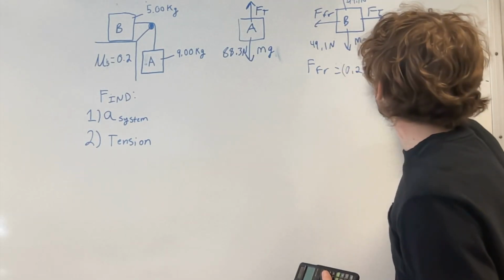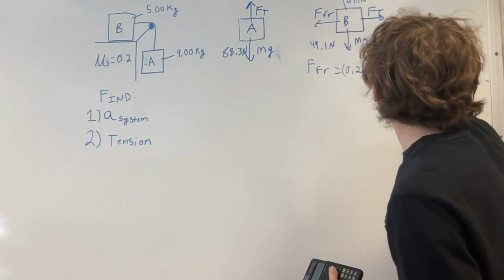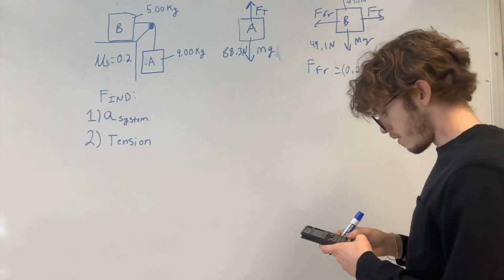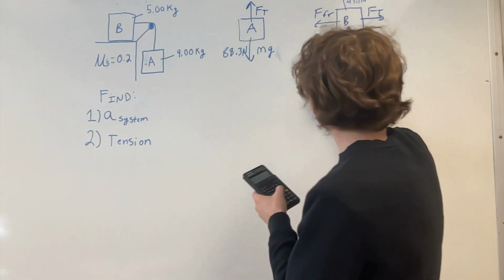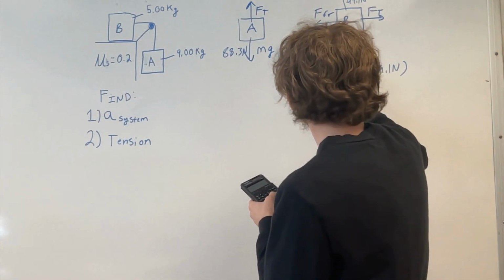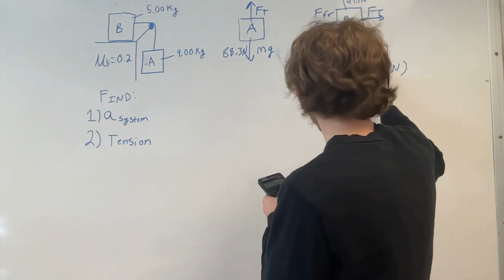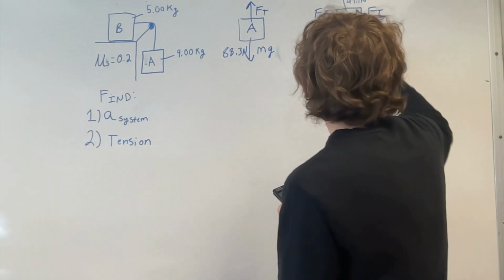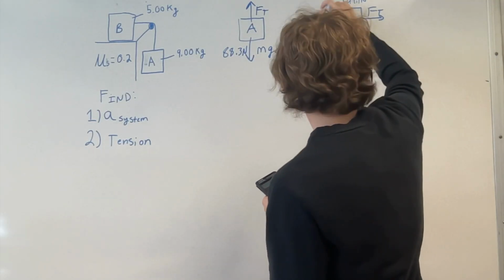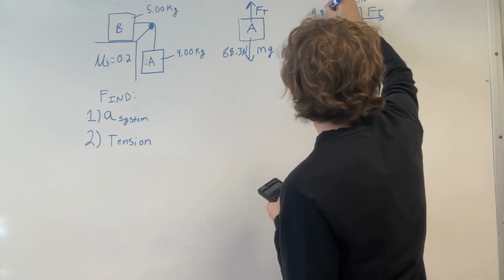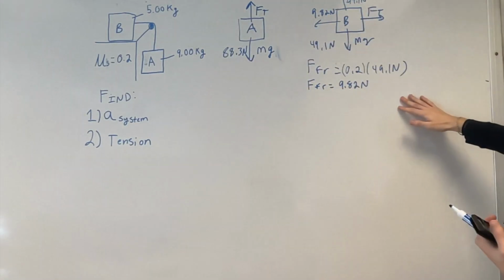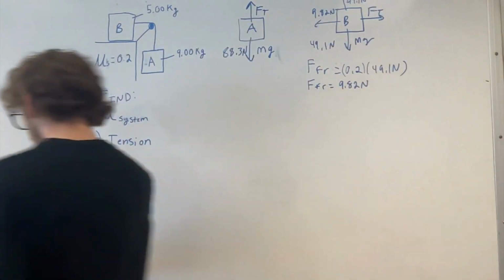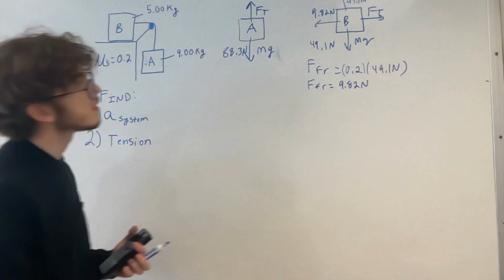And we're going to do the normal force, 49.1 newtons. 0.2 times 49.1 gives us a force of friction equal to 9.82 newtons. So we'll actually replace the force of friction here with 9.82 newtons. Alrighty, so take a gander at the calculation there that we did. I'm going to erase it for some space.